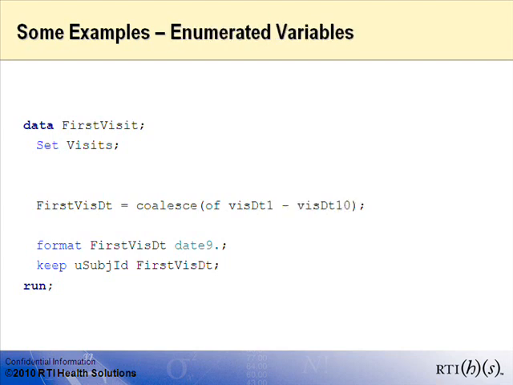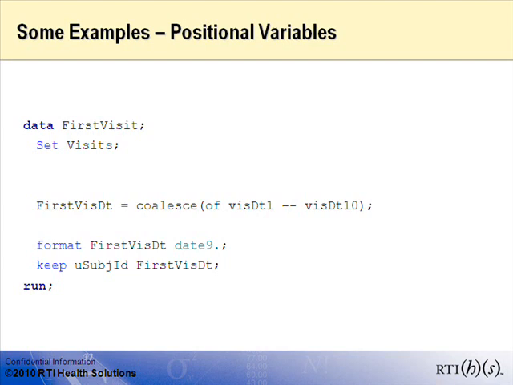We can also use enumerated variables. Here we can use a shortcut to pass a list of corresponding variables with a numeric suffix. These variables will be passed to the COALESCE function in their respective numeric order. Here we use a positional variable shortcut.